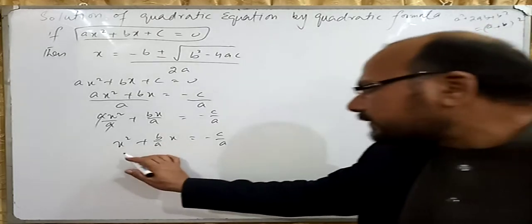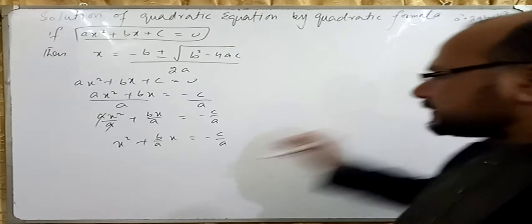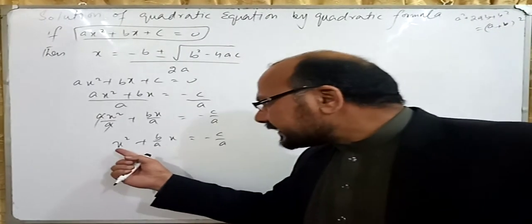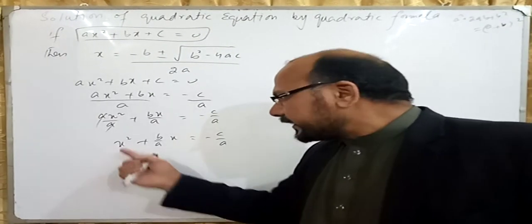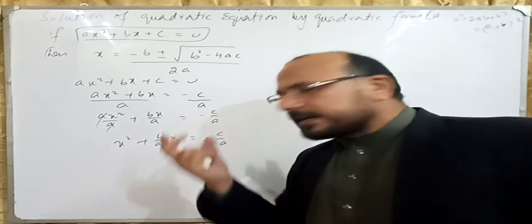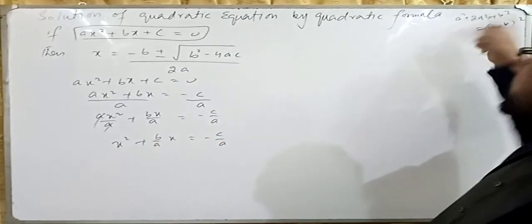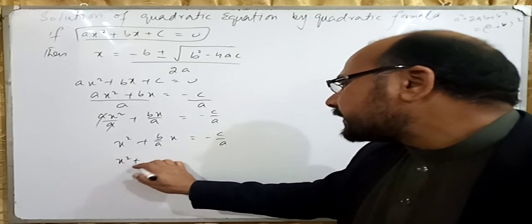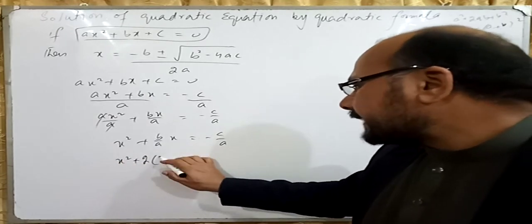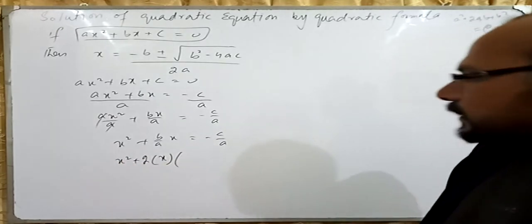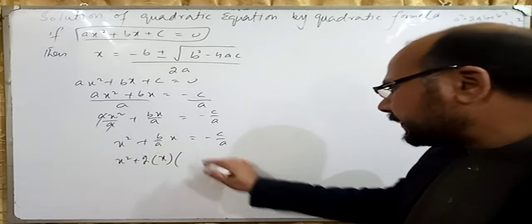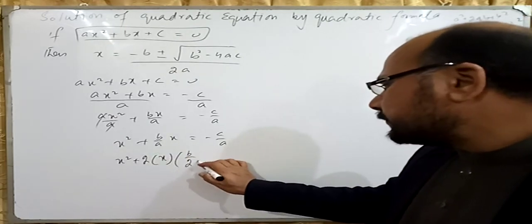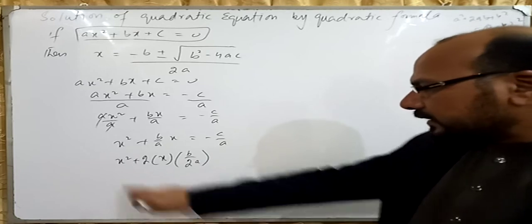So here we will arrange it like this. We know that this is basically the first component, that is a, and we need to find b. Like a square plus 2ab, here we will have x square plus 2ax. What should b be? If we write b over 2a, so this is the b.